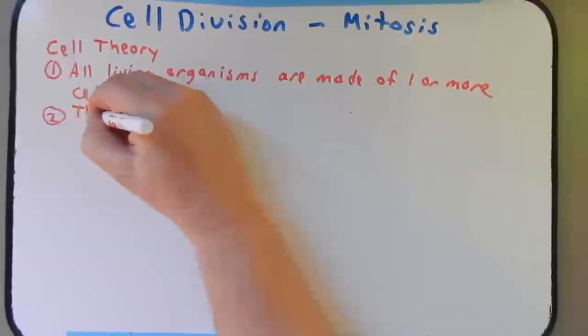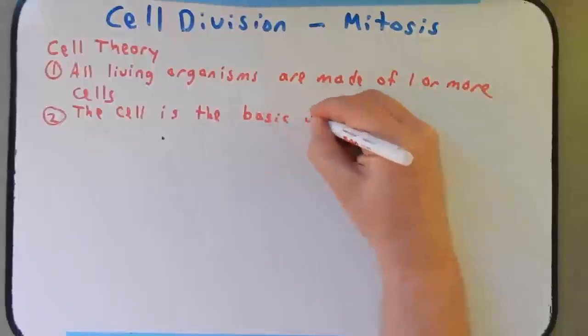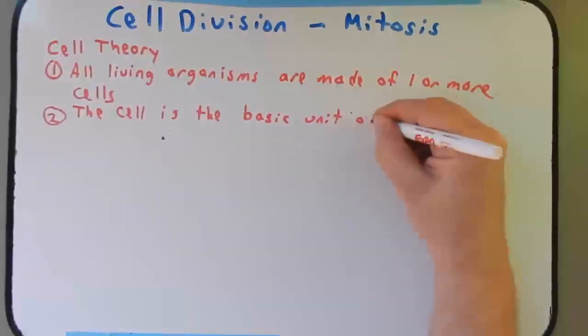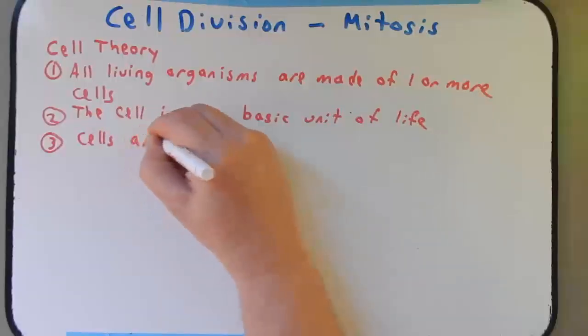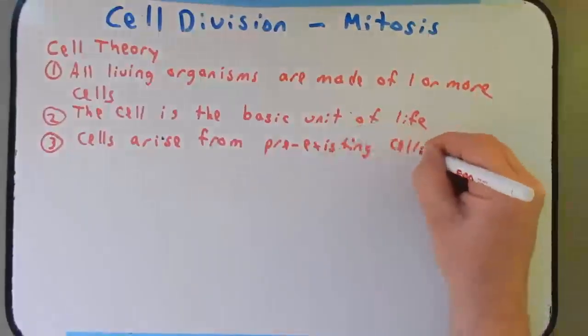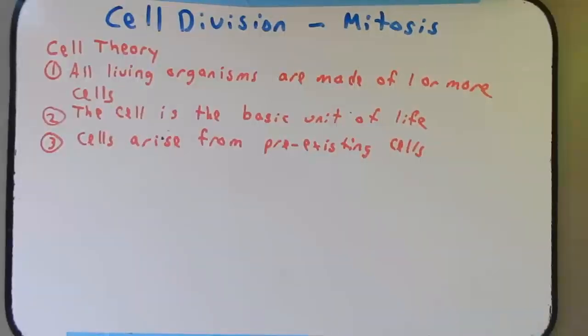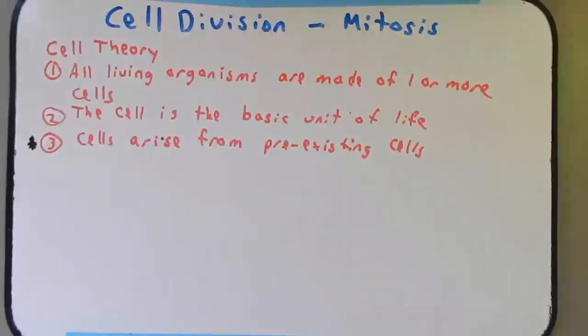The second one is the cell is the basic unit of life. The last one is that cells arise from pre-existing cells. They don't just spontaneously form. You have to have a cell before you can create the next cell. And for this podcast, we're going to focus primarily on this last tenet.